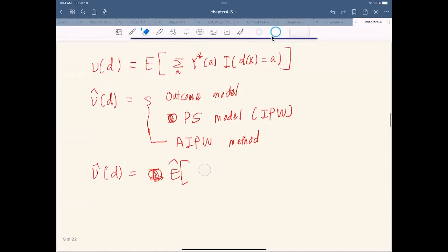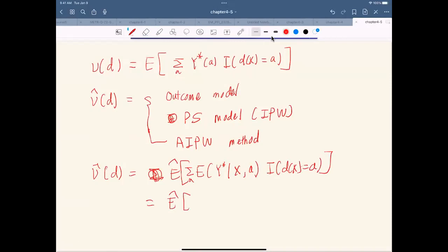So my point is X and then A. That is basically Q(X,A).